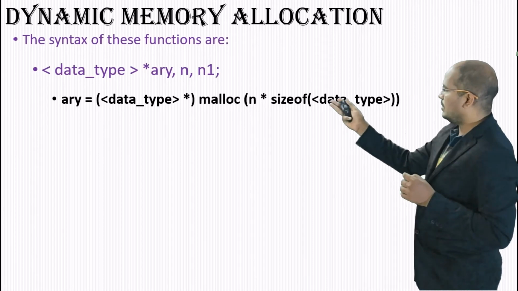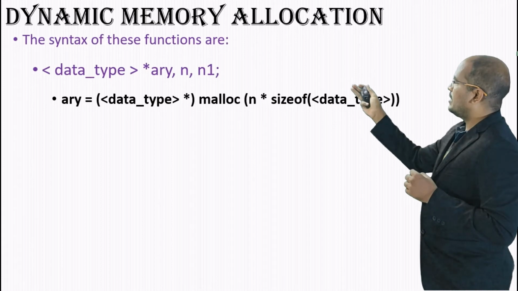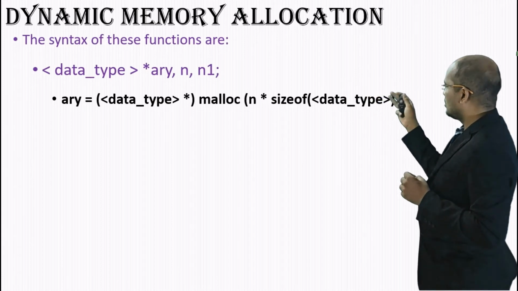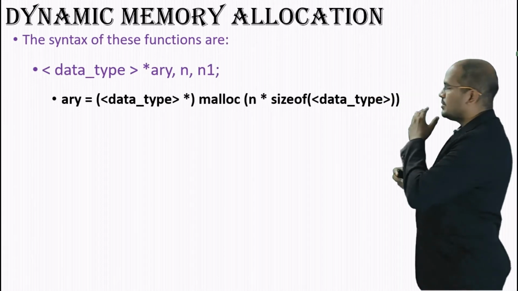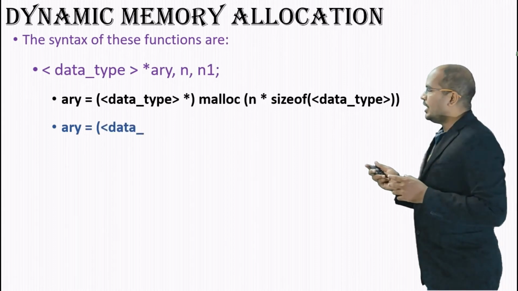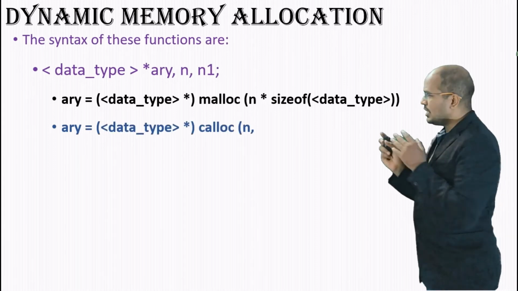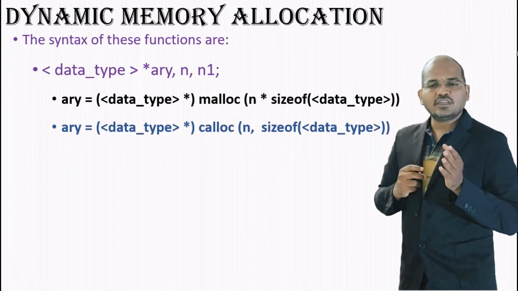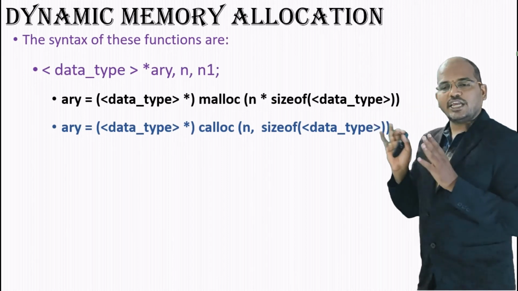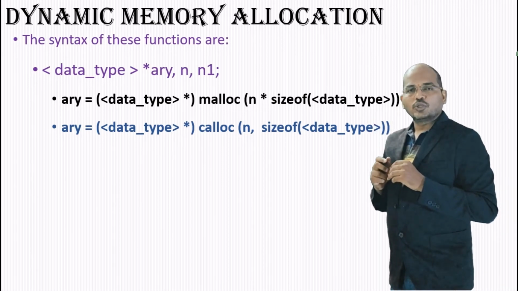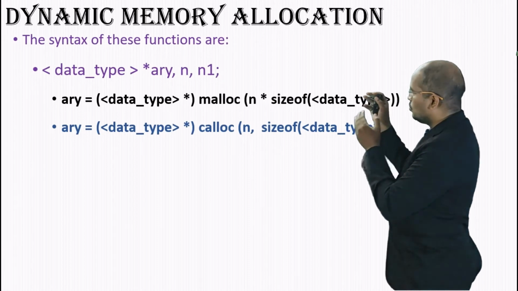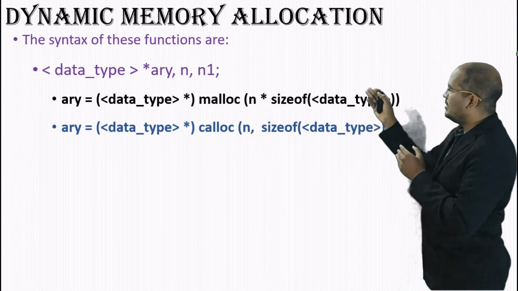Clear that? array is equal to data type pointer, malloc of n times the size of the data type. And if it is calloc, it is the same as malloc with a small change, where it is n comma size of data type. So these are the two different syntaxes of malloc and calloc.